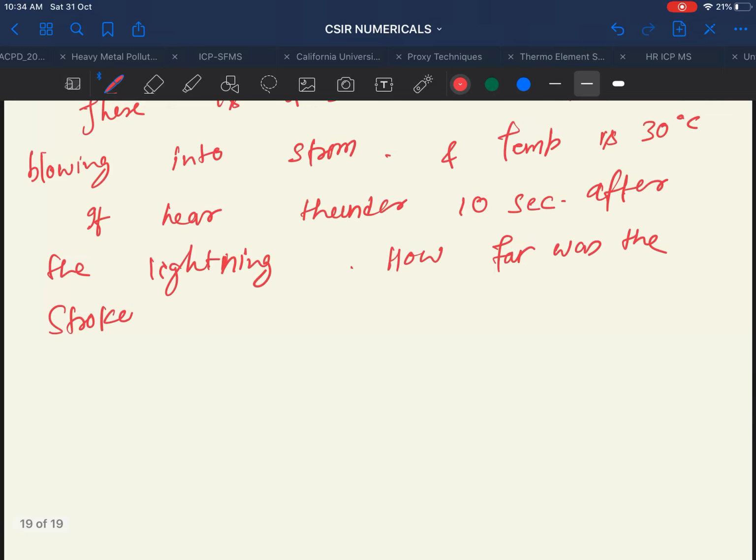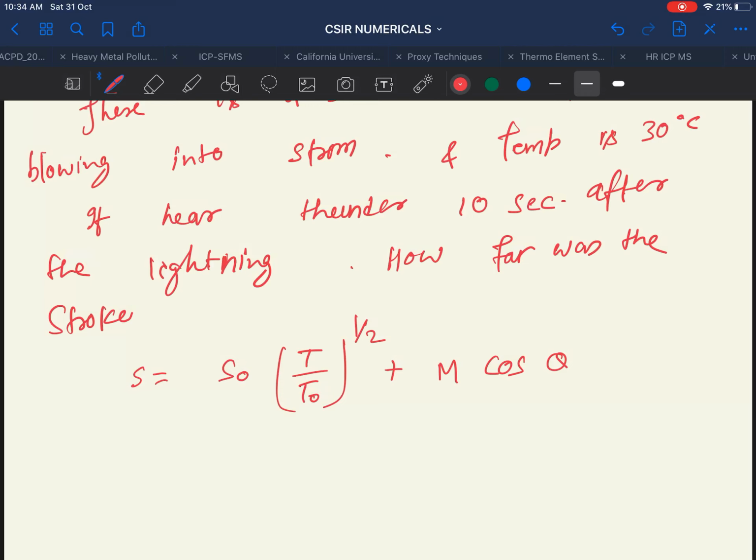So let's write the formula. The formula for this is S equals S naught into (T by T naught) to the power 1 by 2, plus M cos theta. Now here, sound travels much slower than the speed of light.